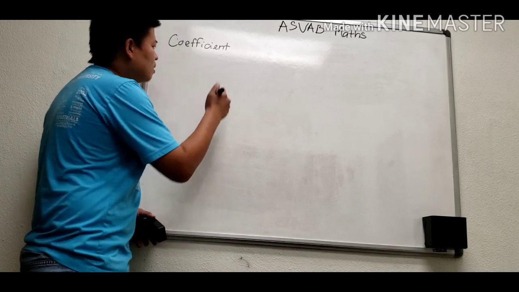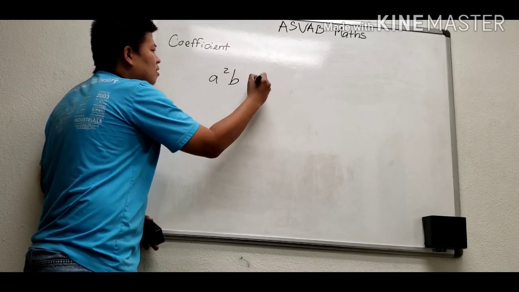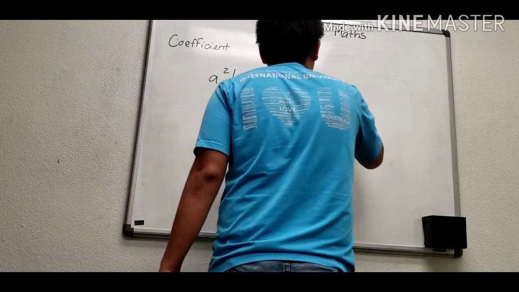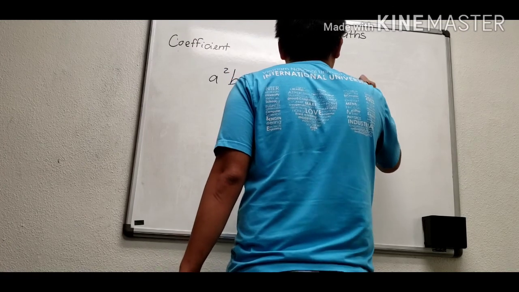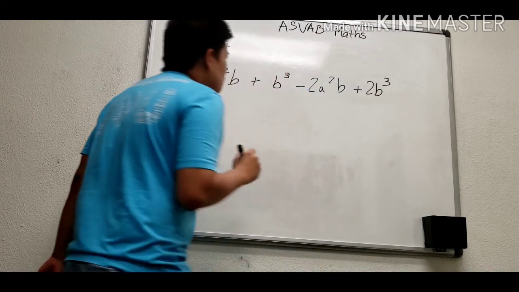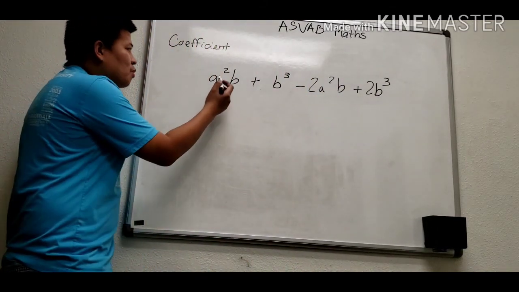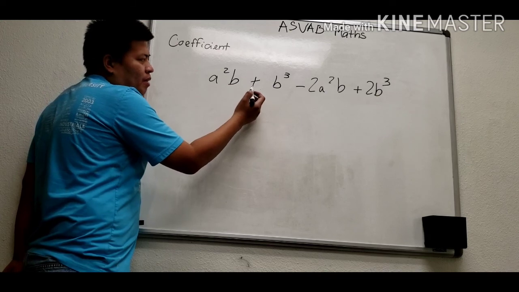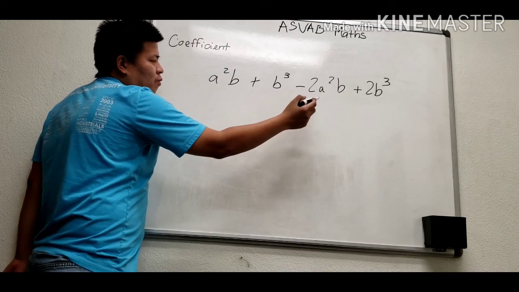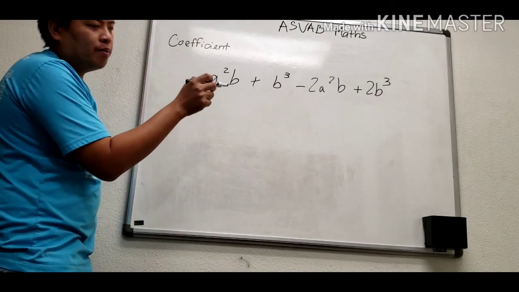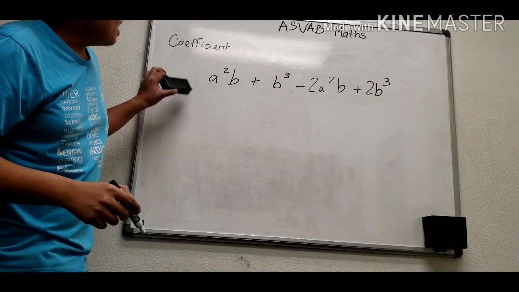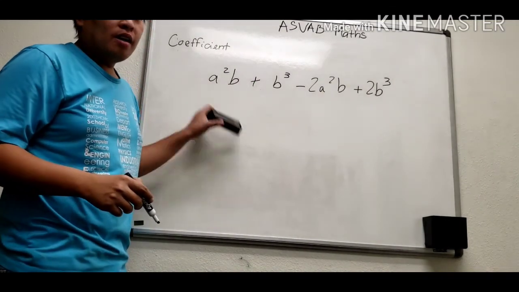Another example. So I have a power 2 multiplied by p, plus p power 3, minus 2a power 2 with p, plus 2p power 3. This is from the ASVAB, and now they ask to sum these together.